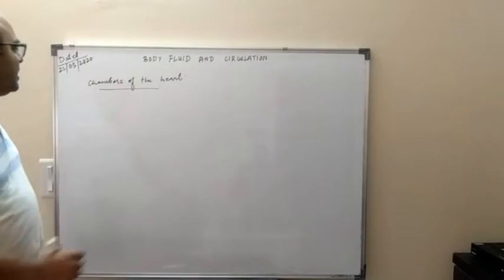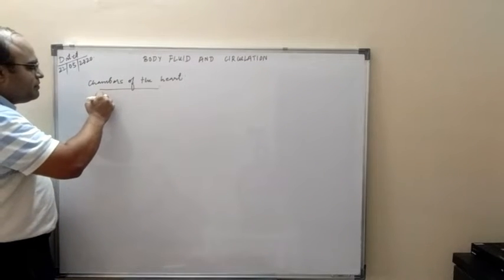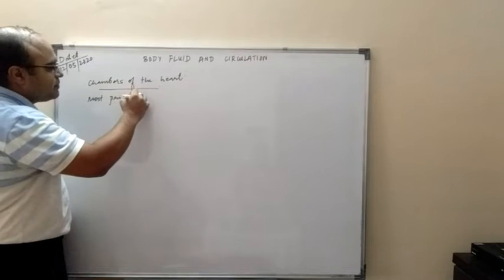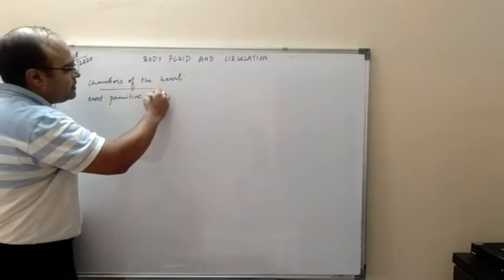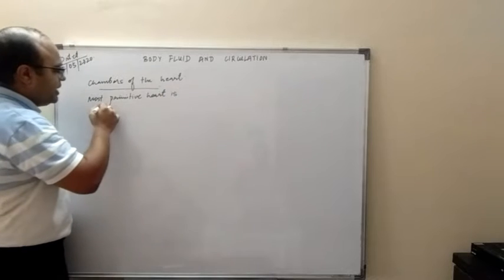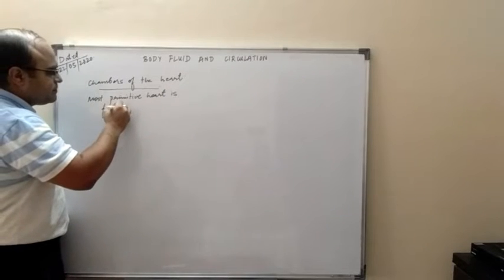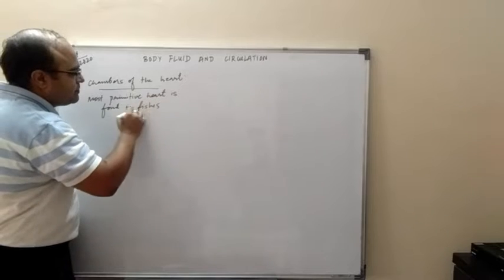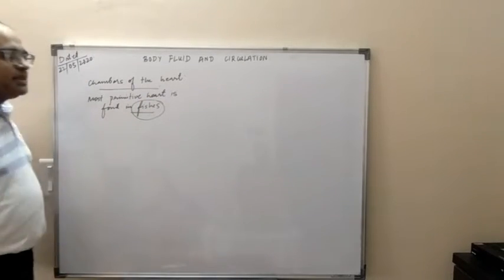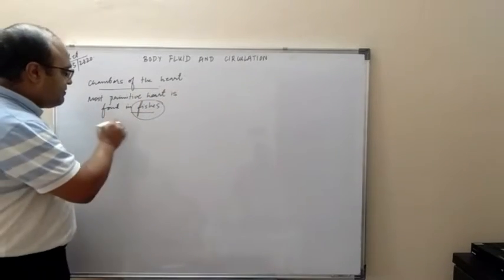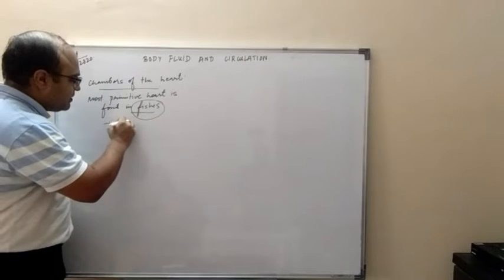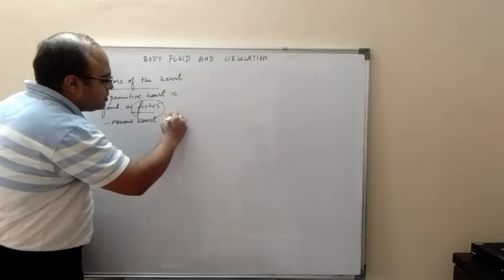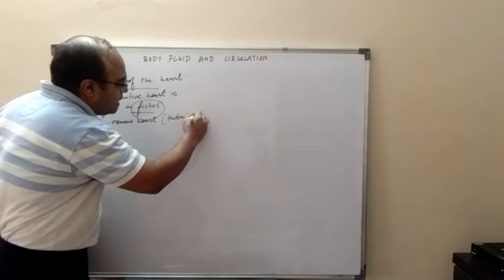So you find that the most primitive heart is found in fishes. Fish's heart is a venous heart, beta. Venous heart, it is also known as tubular heart.